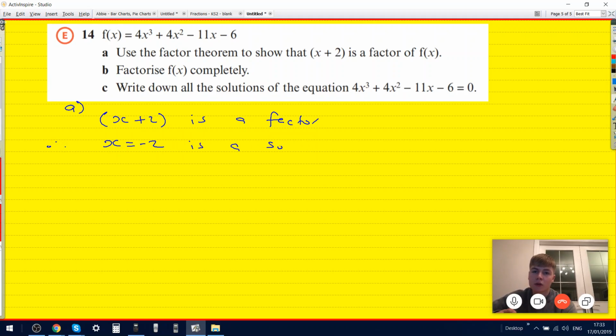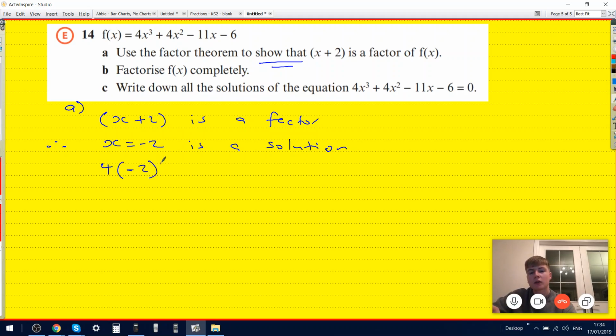For this question, it's a show that question, so you have to do it the long way. If x equals minus 2 is a solution, how do you show that? What does that mean? Does it mean that when you put minus 2 as x, you'll get 0? Correct.